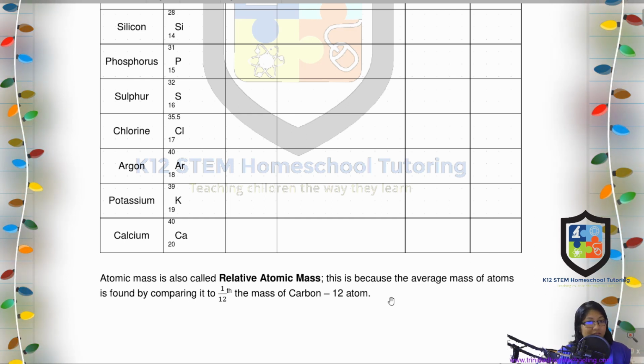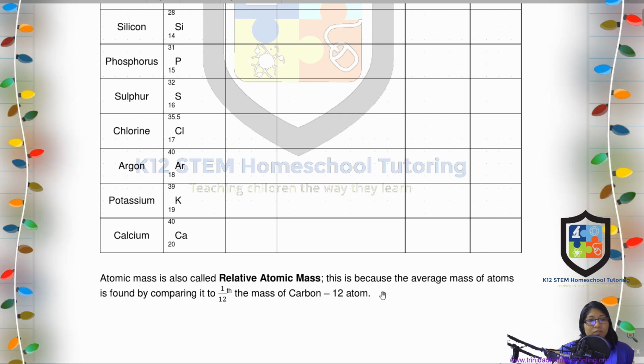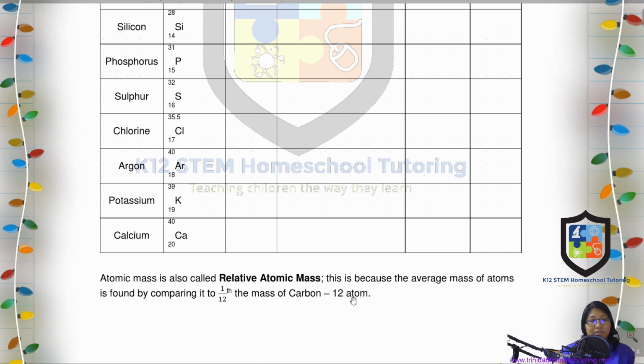Right? Plants made up of mostly carbon atoms. So they use the carbon atom to measure everything else off of it. So atomic mass is also called relative atomic mass because the average mass of atoms is found by comparing it to 1/12 of the mass of carbon-12 atom. Later on in the lesson, you would see that we have something called carbon-14 as well.